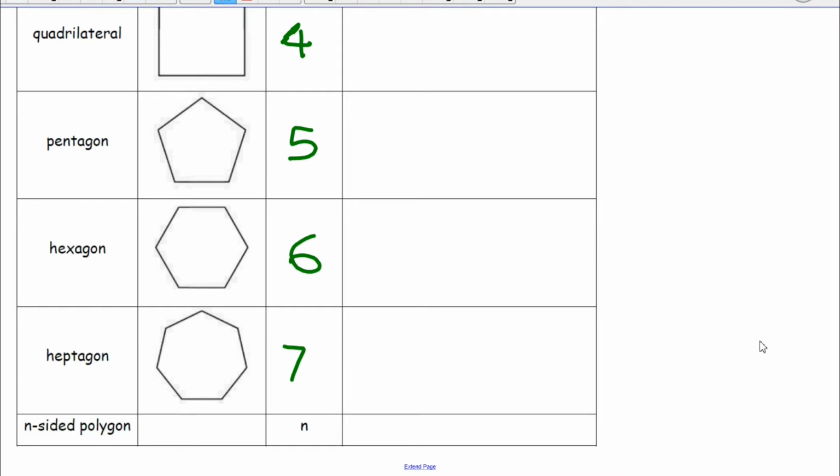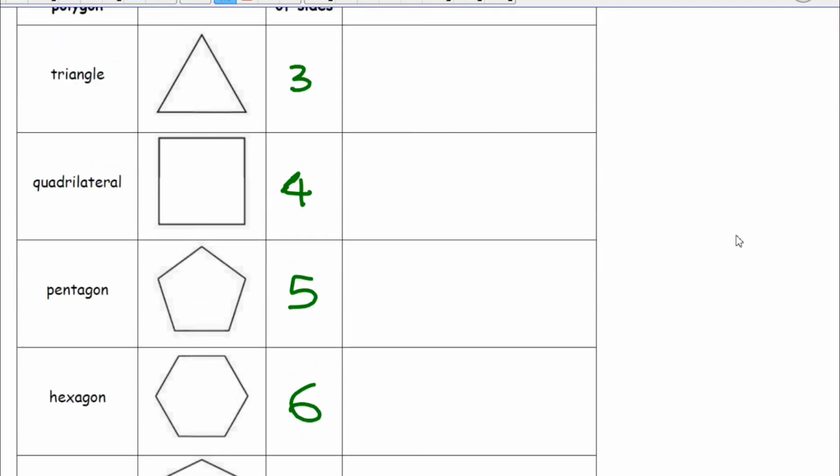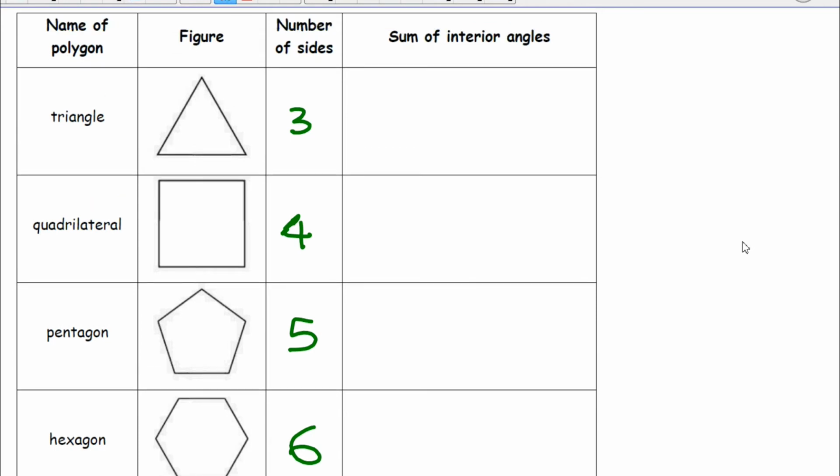Now, the next thing I'm going to do here is to try and find the sum of interior angles of each of these polygons. For a triangle, it will be easy because we know that the sum of interior angles of a triangle is 180, so I'll just say it's 180.